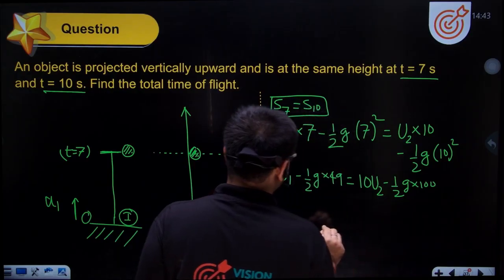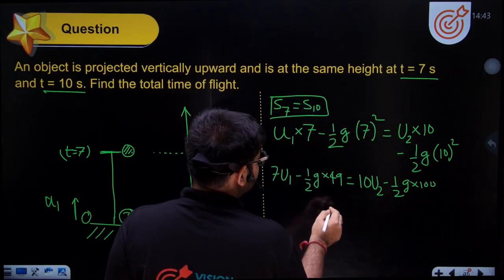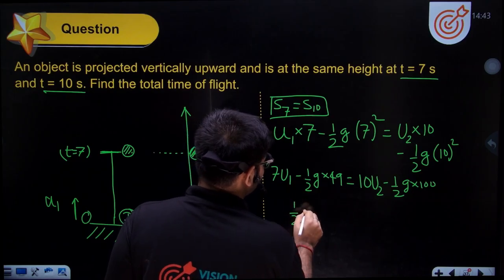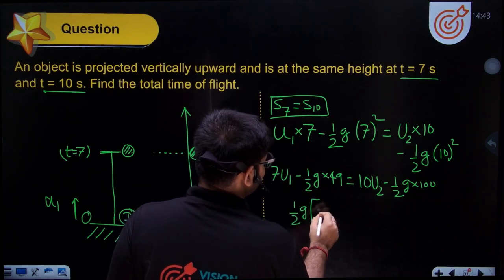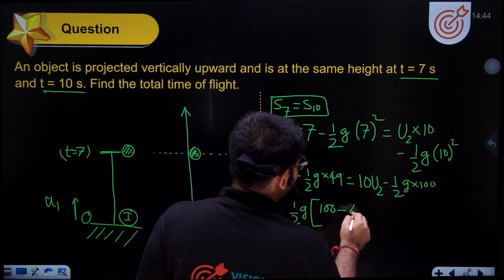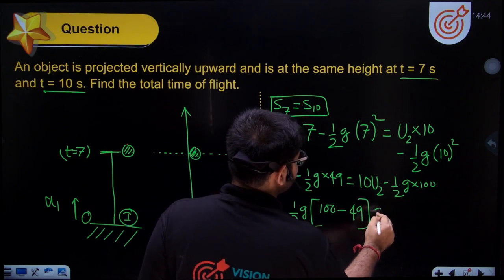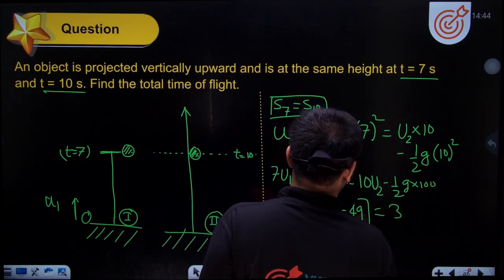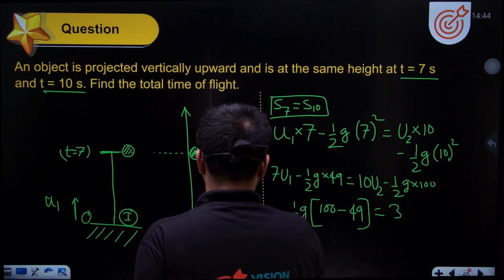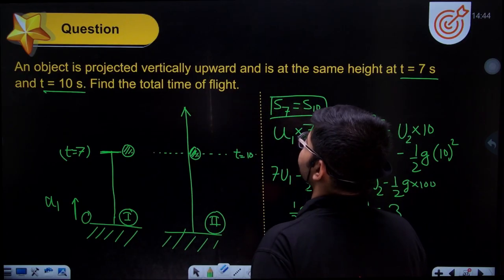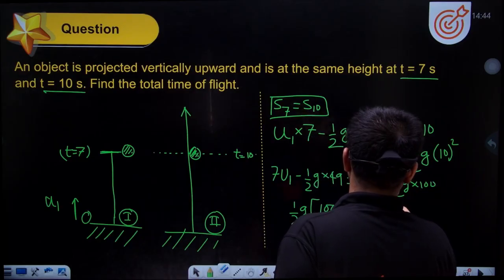ठीक है. So you can say that 100 minus 49 is equal to 3. So, okay, they are basically projected with the same speed. So, u1 is equal to u2 only.